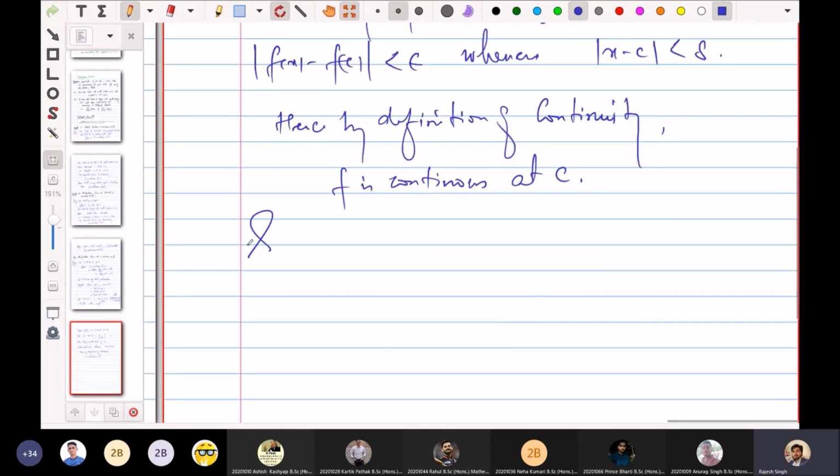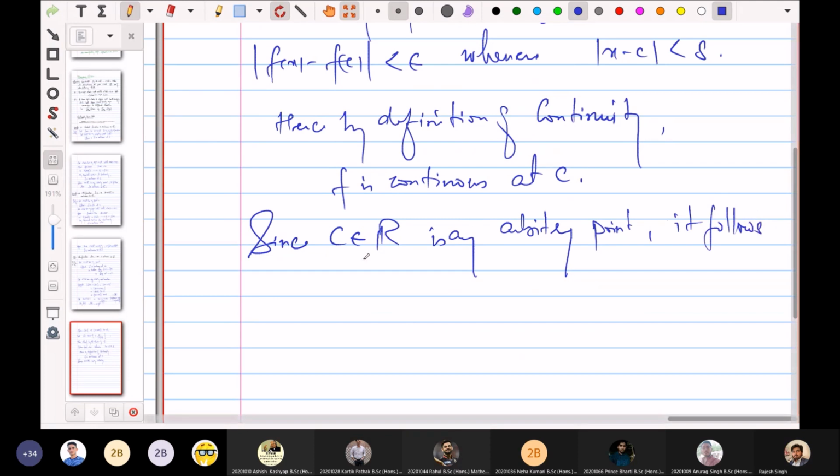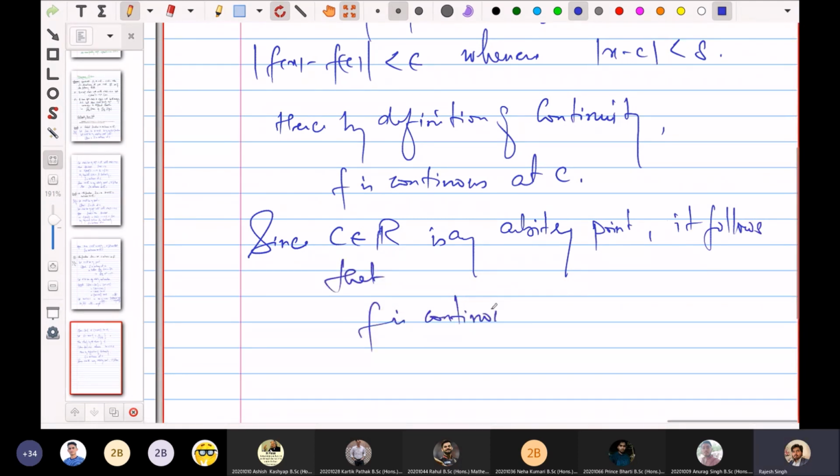Now since c belonging to R is any arbitrary point, it follows that f is continuous on R.